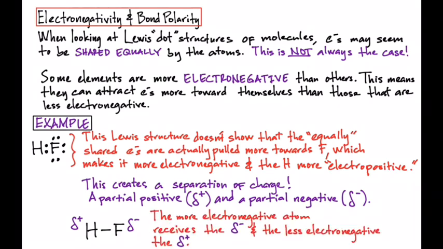So let me say that again. The more electronegative atom receives the partial negative symbol, and the less electronegative atom will receive the partial positive symbol. This is basically delta with a negative charge for electronegativity or partial negative charge, and delta positive for electropositive or less electronegative atom.